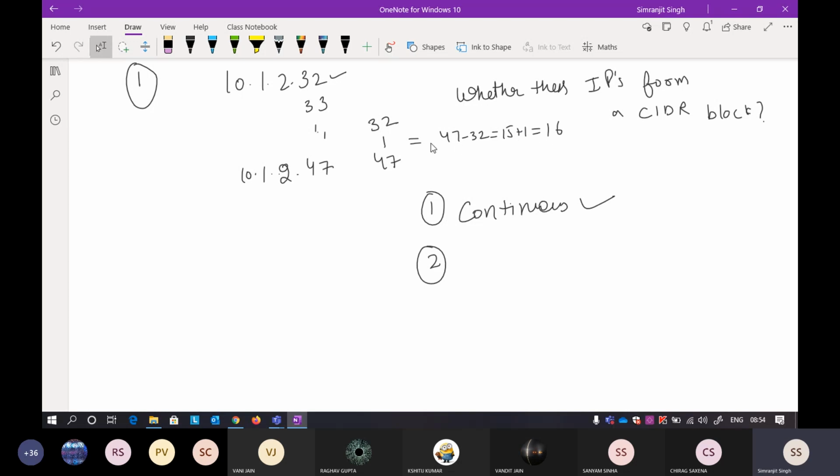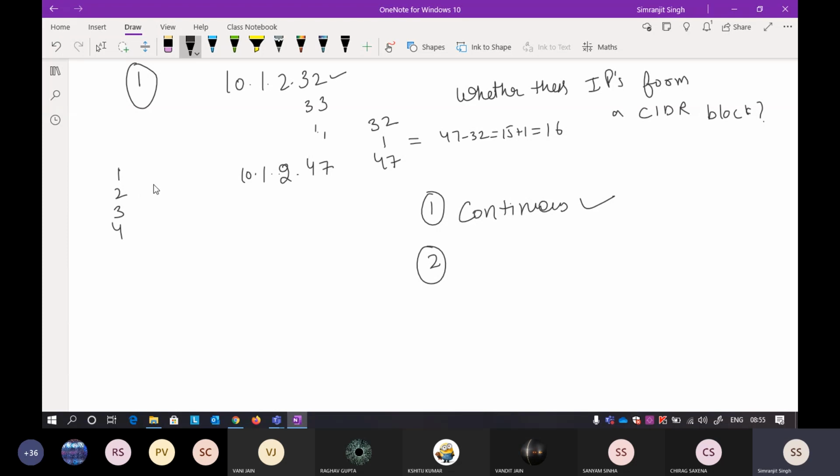Again, I'll show you how to calculate it, because many students have this doubt. Suppose from 1 2 3 4, actually there are 4 IP addresses.